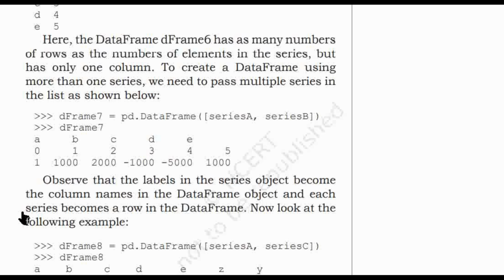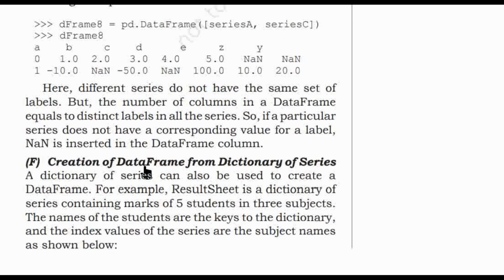Observe that the labels in the series object become the column names in the data frame object, and each series becomes a row in the data frame. Now look at the following example. dframe8 = pd.DataFrame([series A, series C]). dframe8: A B C D E Z Y, 0 1.0 2.0 3.0 4.0 5.0 NaN NaN, 1 -10.0 NaN -50.0 NaN -100.0 10.0 20.0.